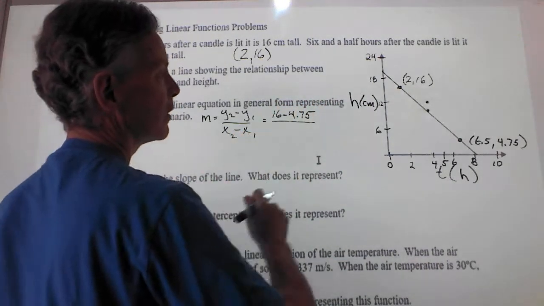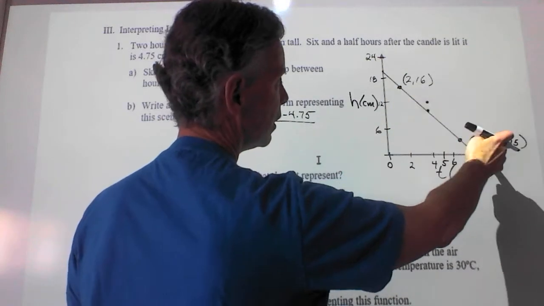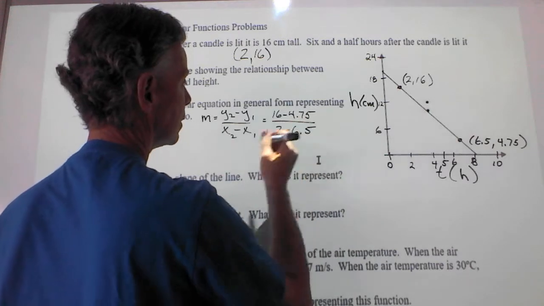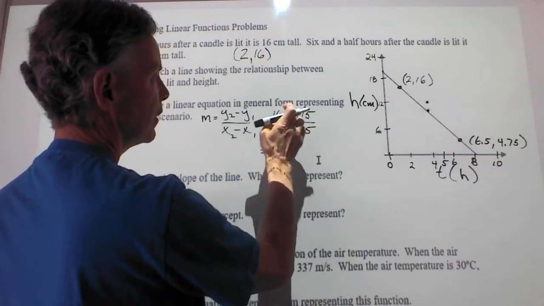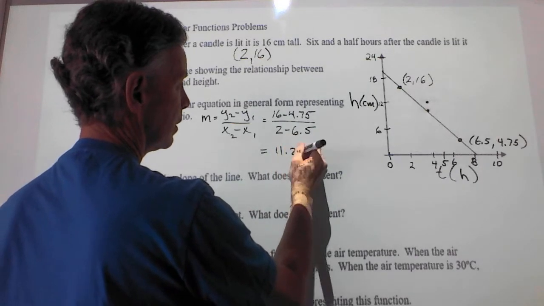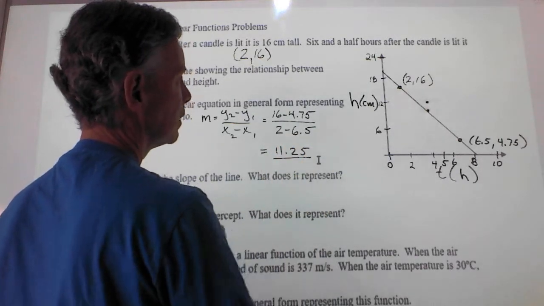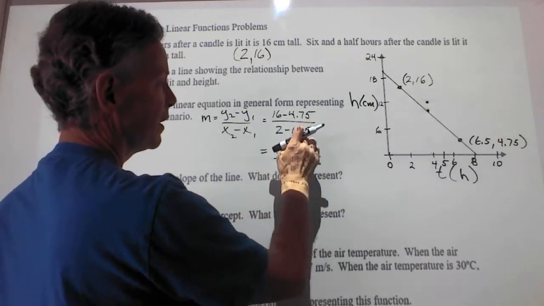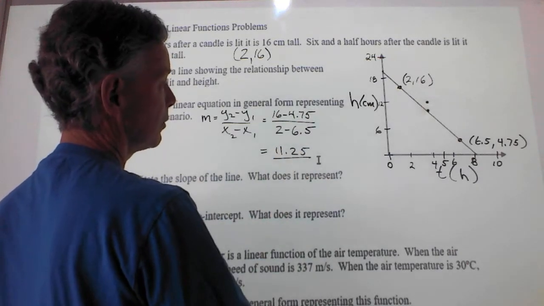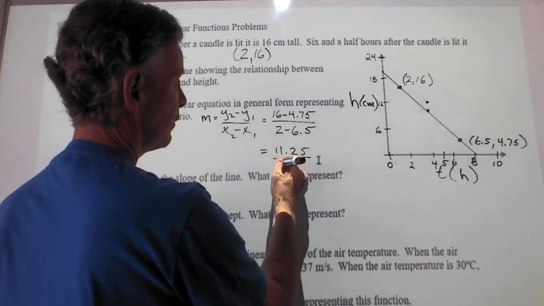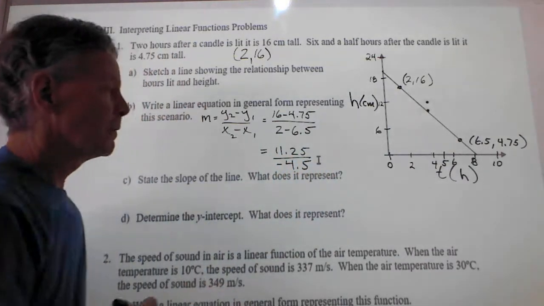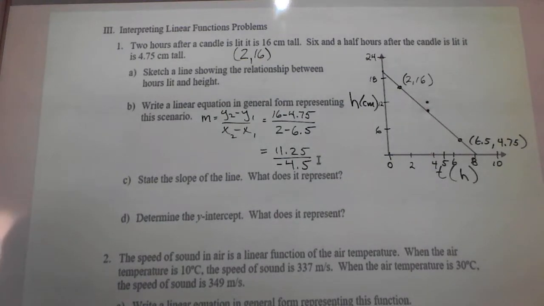Our x2 minus x1 then becomes 2 minus 6.5. 16 minus 4.75 is 11.25. 2 minus 6.5 gives us, this is an ugly problem, negative 4.5. Okay? So there's our slope.